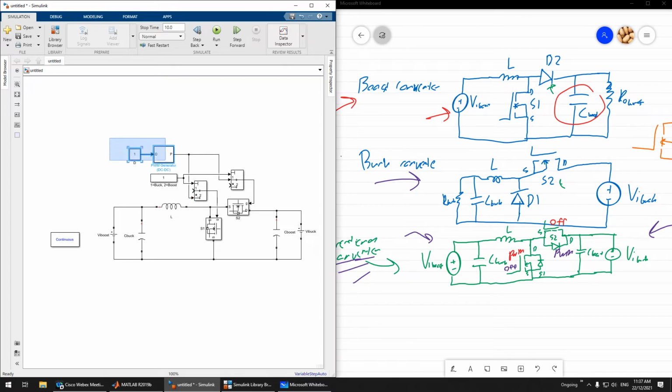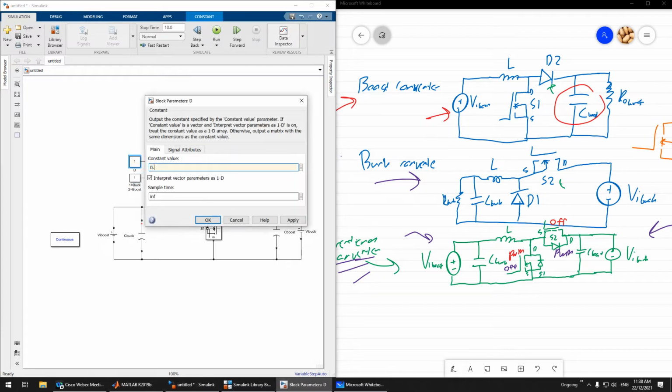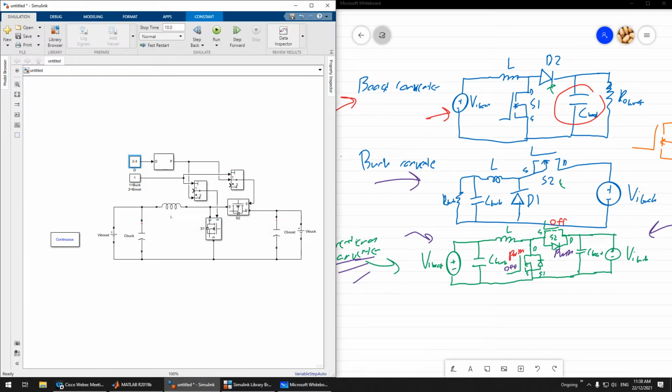So this is how we switch the PWM for the bidirectional converter. So you have 2 switches. This is for the control of the direction. And another one is the duty cycle, maybe 0.4. So we have completed this.